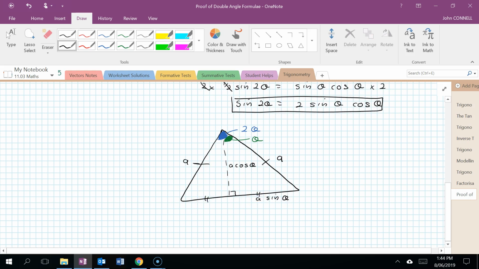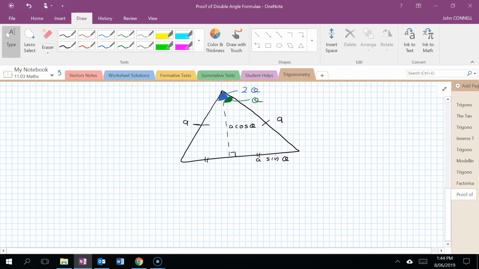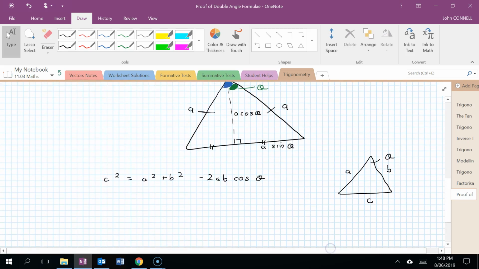Now, let's use the cosine rule on this triangle. Now, you might be a little reluctant to do that, and I understand that. But the cosine rule says that c squared is equal to a squared plus b squared, take 2ab cos theta, where we've got a triangle. This is A, this is B, this is C, and the angle in there is theta. Okay, so in this case, our C side, our base side here, is 2 lots of A sine theta.